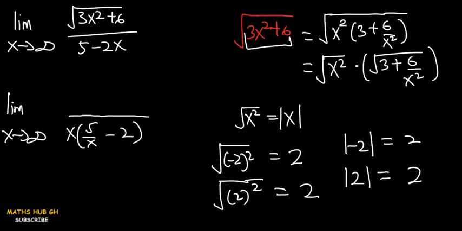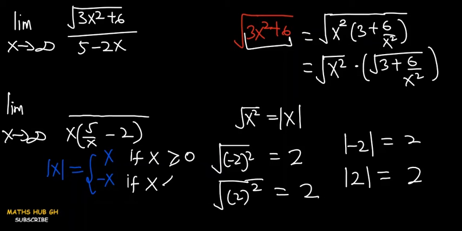One thing you have to know is that from the definition of absolute values, the absolute value of x can be equal to x or minus x. The absolute value of x will be equal to x if x is greater than or equal to 0, and will be equal to minus x if x is less than 0.